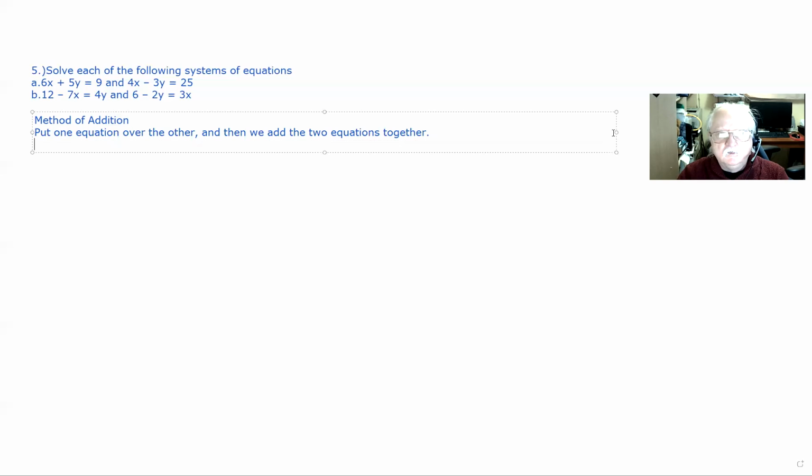And we are going to sort of manipulate the numbers so that one variable, x or y, disappears, which still sounds very mysterious.